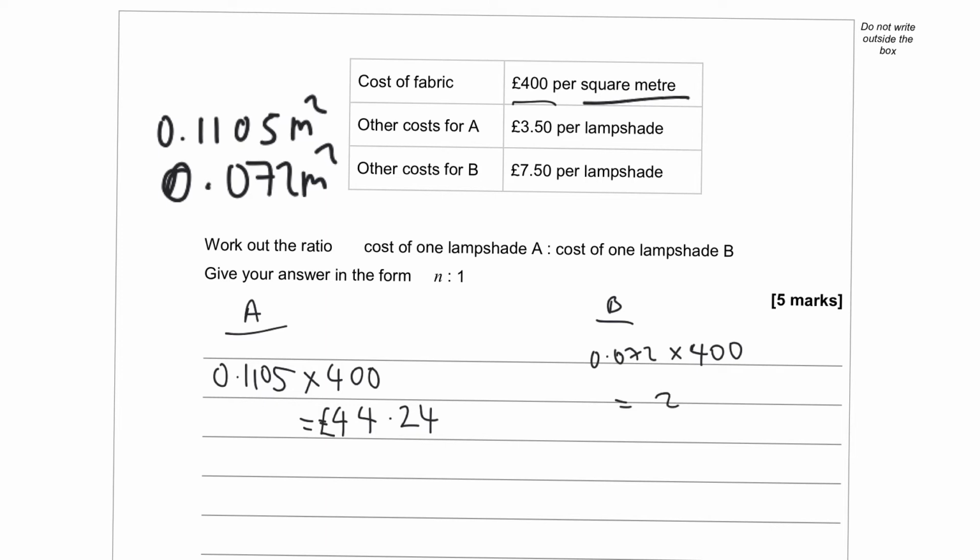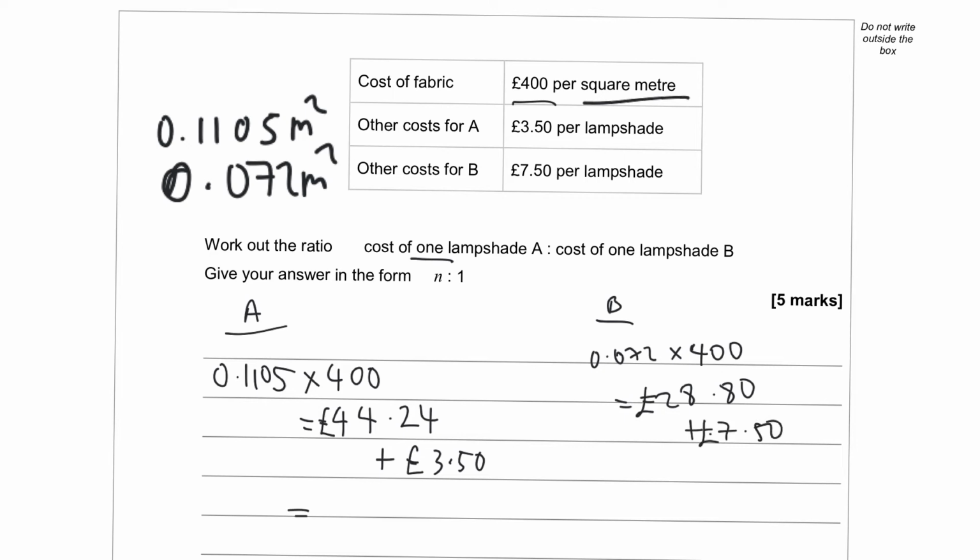And that would leave you with about £28.80. Okay, so now that we've worked out that, there's other costs for A and other costs for B. So we need to add the other costs per lampshade on. So because it's only the ratio of one lampshade, we're just going to add one lot of the £3.50 and then add one lot of the £7.50.